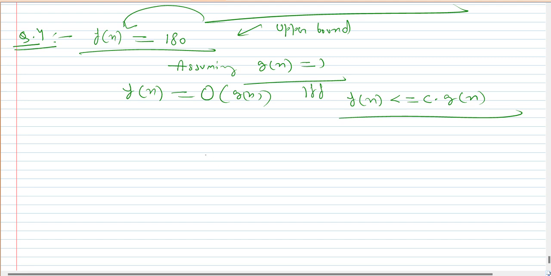So I can clearly say that for c is equal to 180 and n greater than or equal to 1, our fn will always be smaller than or equal to c dot gn.